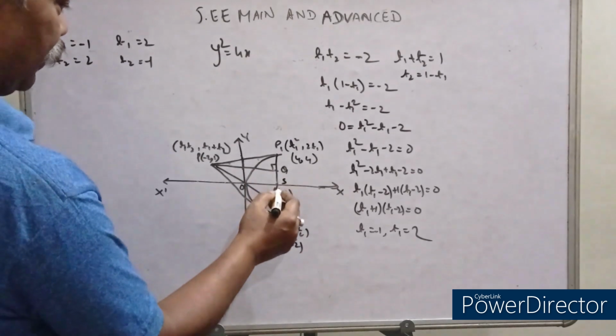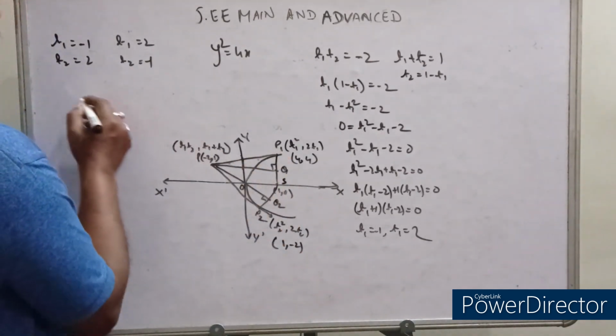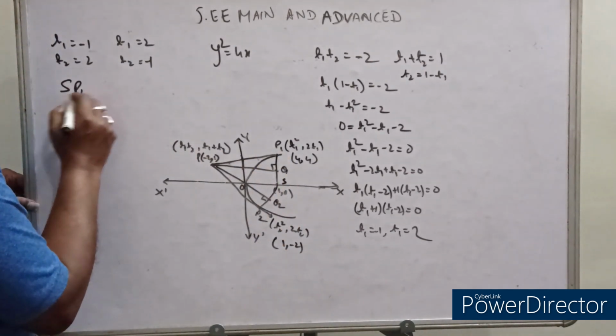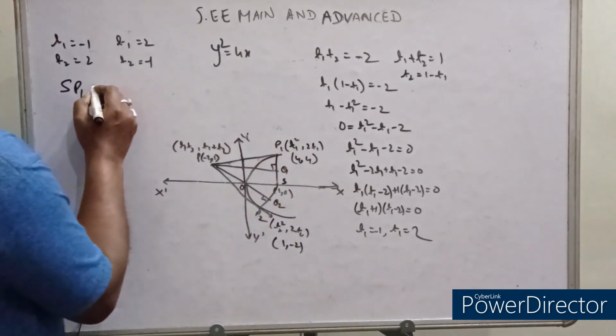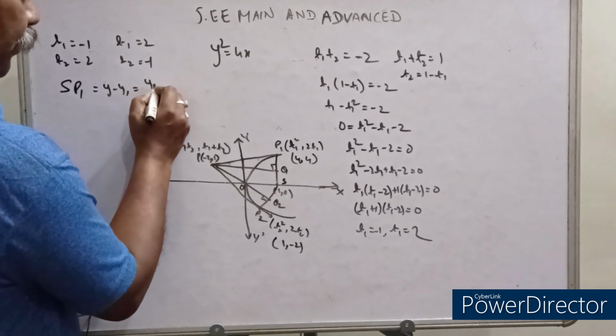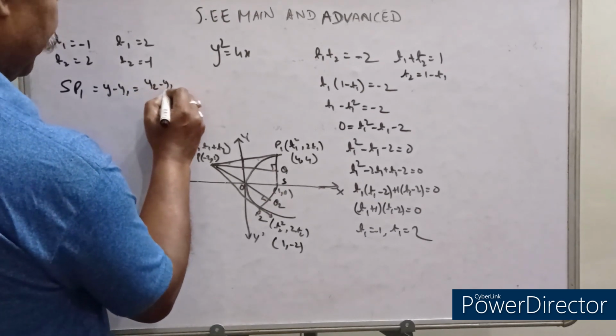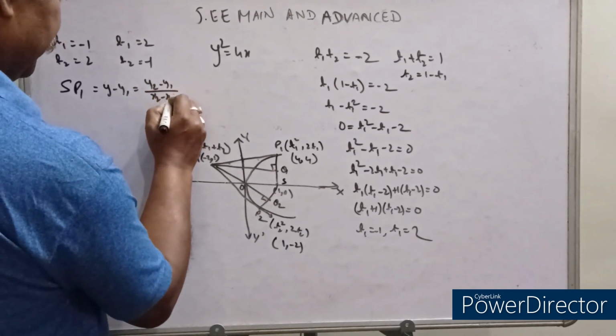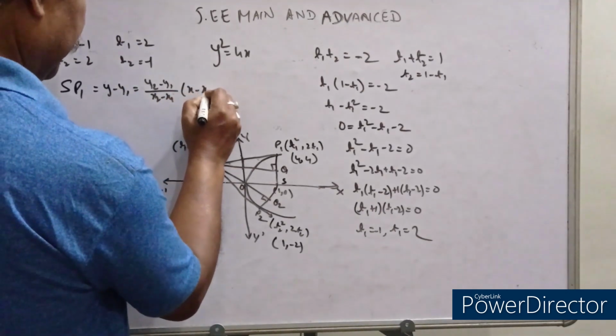You can easily find out the equation of SP1. How? Using this formula, y minus y1 is equal to (y2 minus y1) by (x2 minus x1) times (x minus x1).